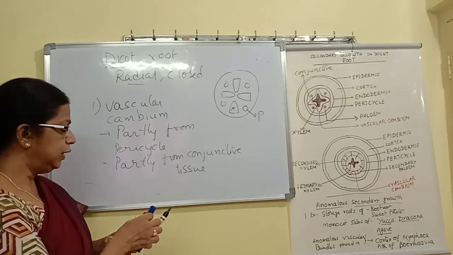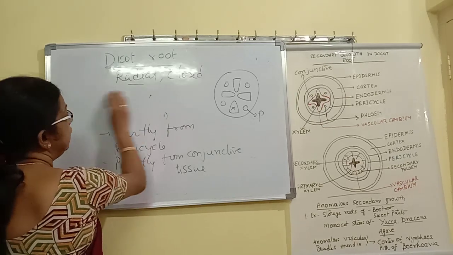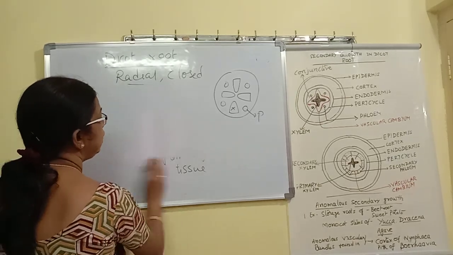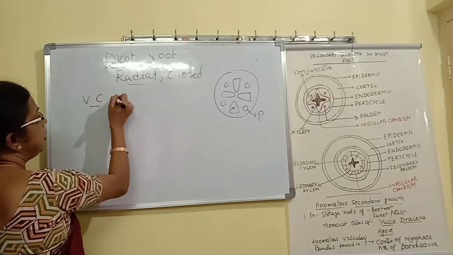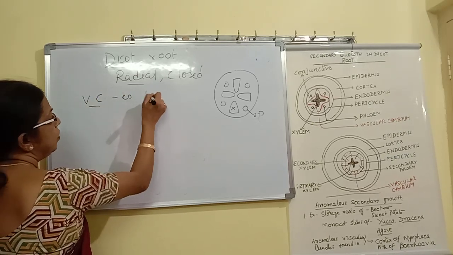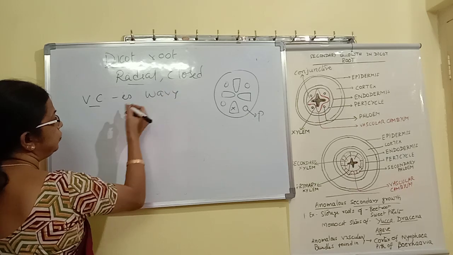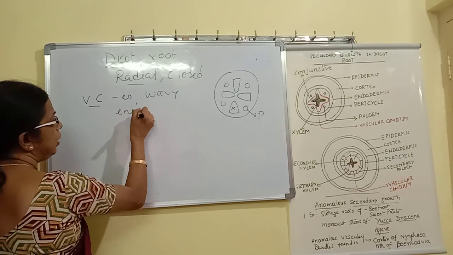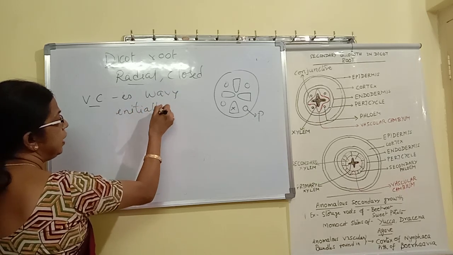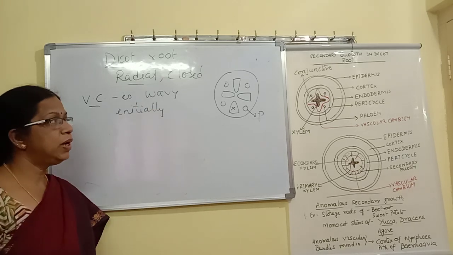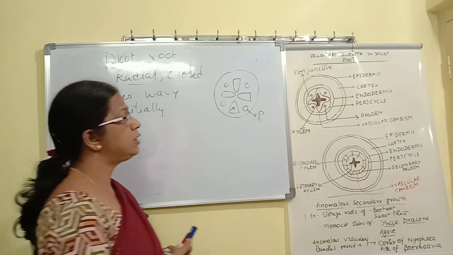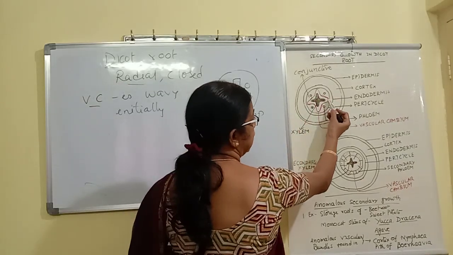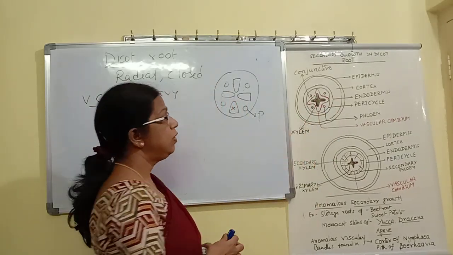Therefore, initially the vascular cambium is wavy, not circular. It is like a wave.